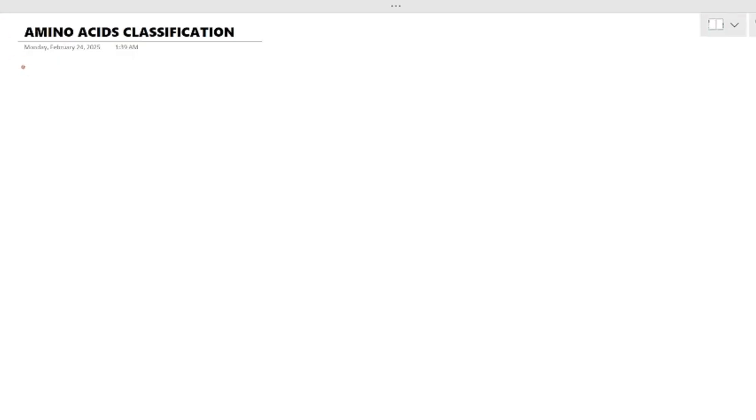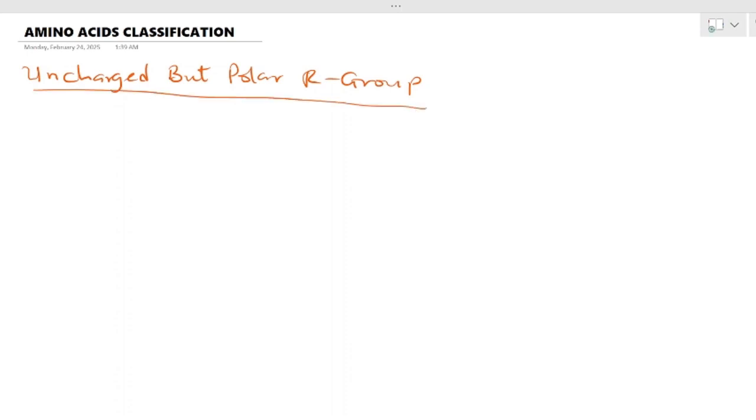So we begin here. The first on the list we want to look at today is the amino acid serine, which is a polar R group, but uncharged.